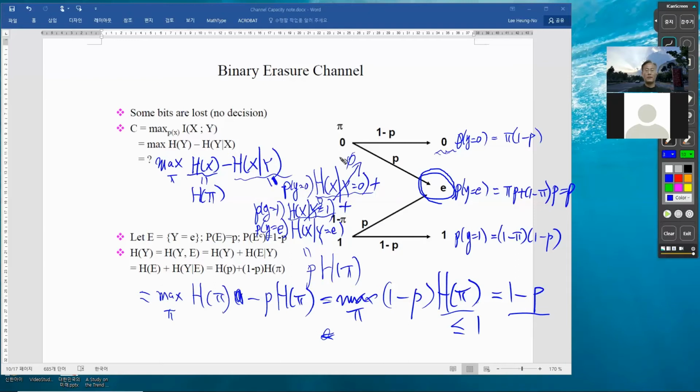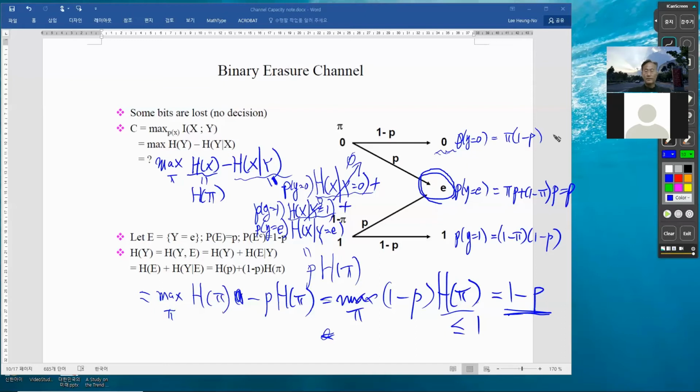It cannot be revived. What's lost cannot be revived. So the capacity is 1 minus p. Makes sense. Okay, so that's the capacity of the binary erasure channel.